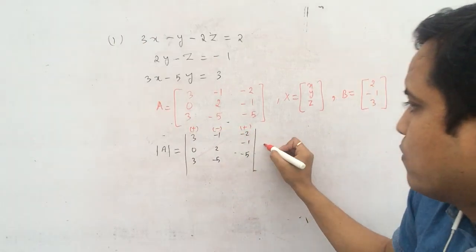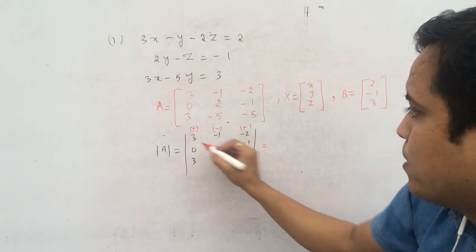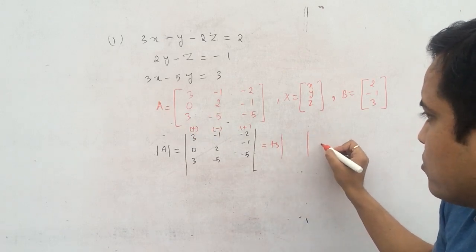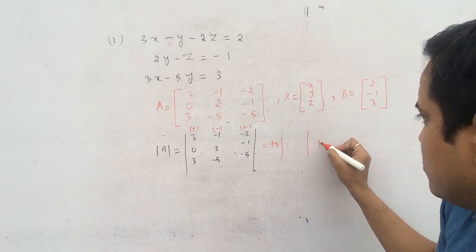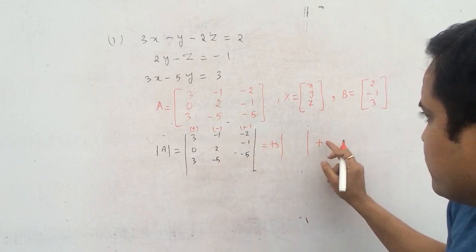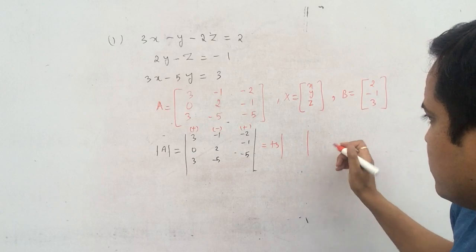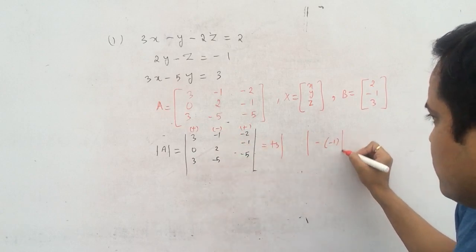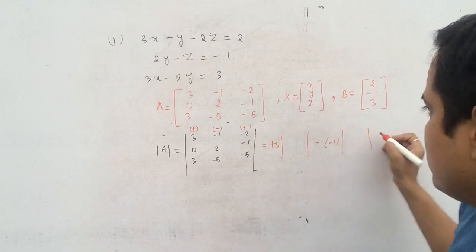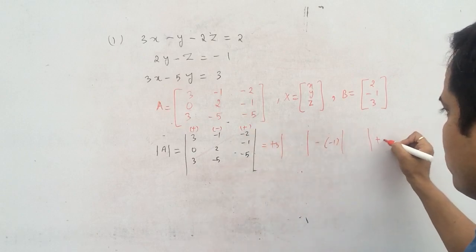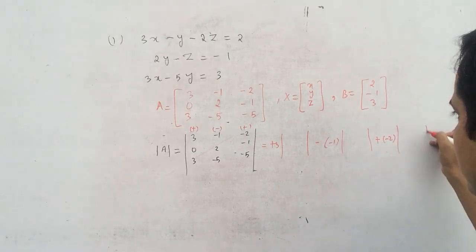Then write plus 3 times a 2 by 2 determinant, then minus of minus 1 times a 2 by 2 determinant, then plus of minus 2 times a 2 by 2 determinant.